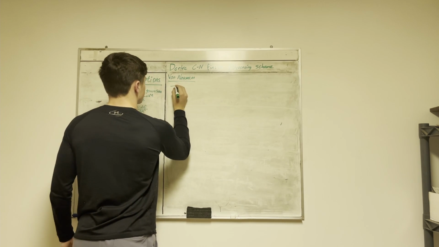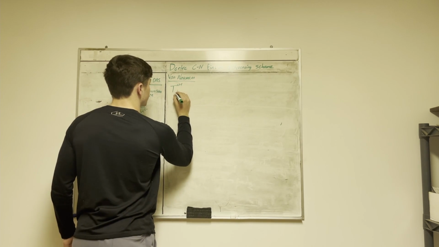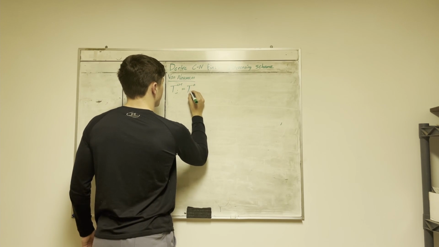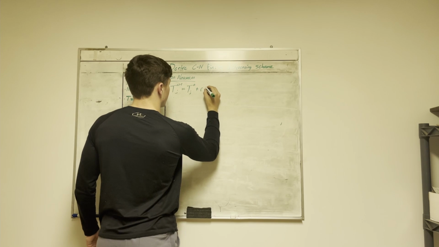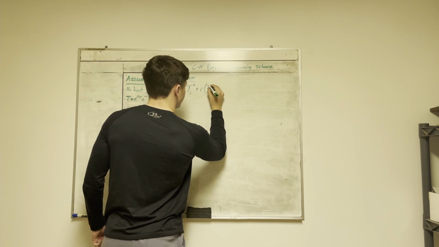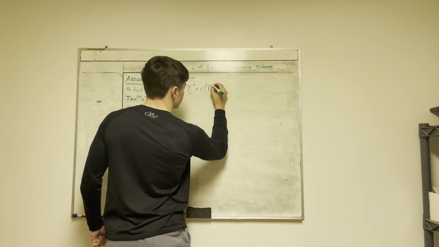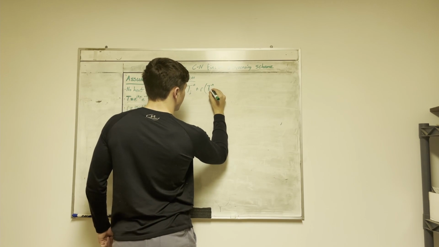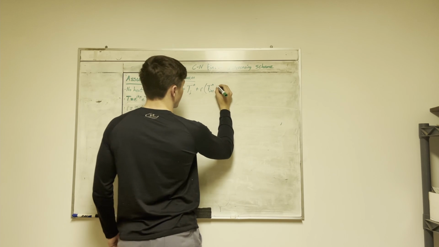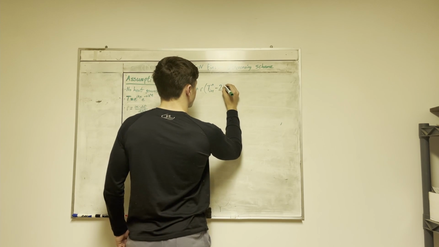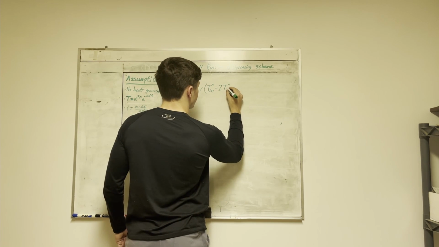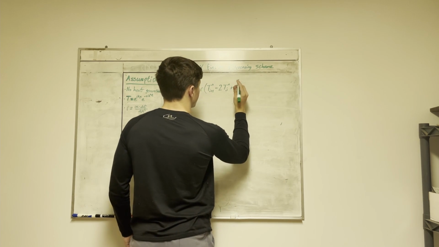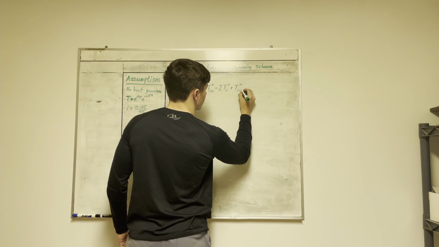So that was the temperature at some later time n plus 1 at some position j is equal to the temperature at some time n at some position j plus r times the temperature at some time n at the position to the right of j, then minus 2 times temperature at some time n at position j, plus the temperature at some time n at some position to the left of j.